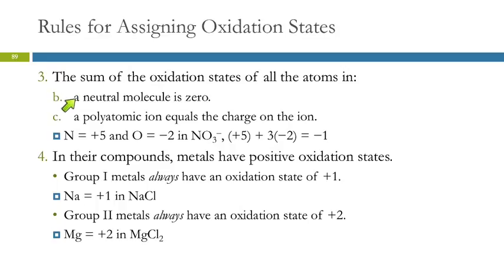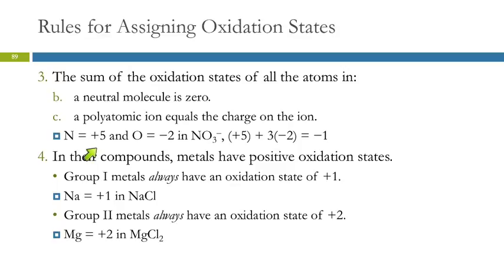In a neutral molecule, here we're talking about molecular compounds. The oxidation states will add up to 0. If you have a polyatomic ion, the oxidation states will add up to the charge on the ion. So if we look at NO3 minus, the nitrogen has a +5 oxidation state.